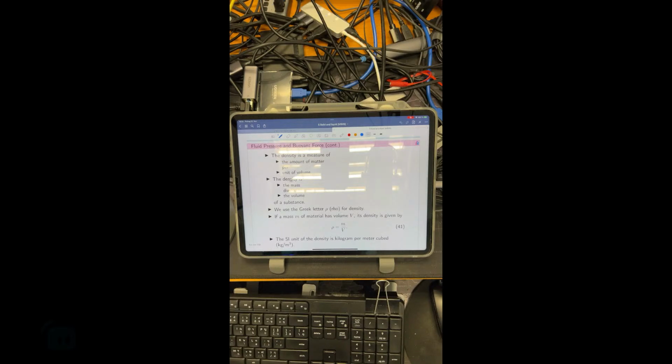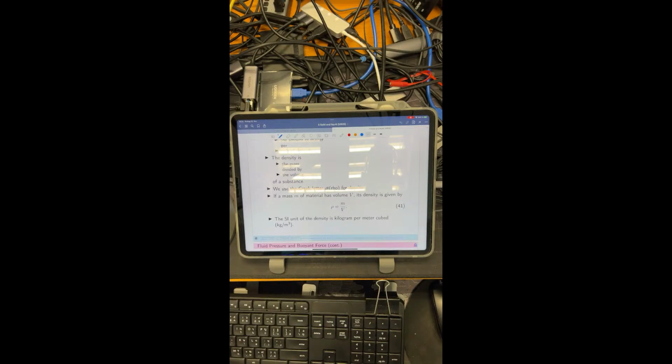Density is the mass divided by the volume of a substance. We use the Greek letter rho, or maybe the letter D, for density. If the mass m of the material has the volume v, its density is given by rho equals m divided by v, where m is the mass and v is the volume.